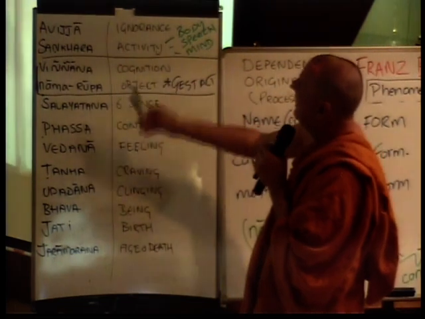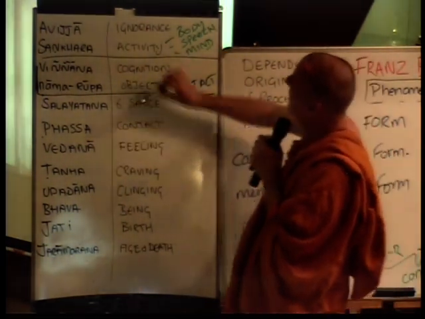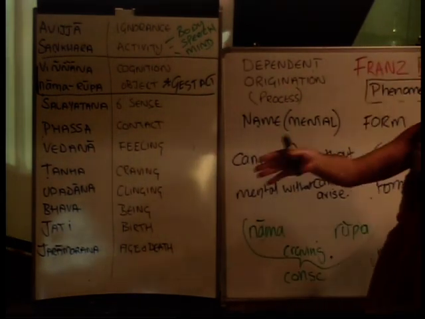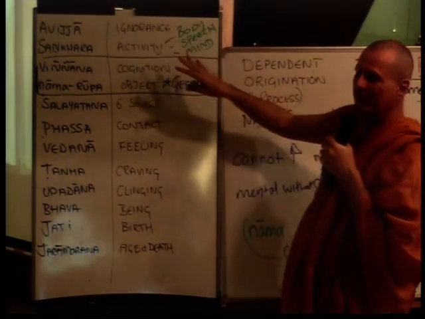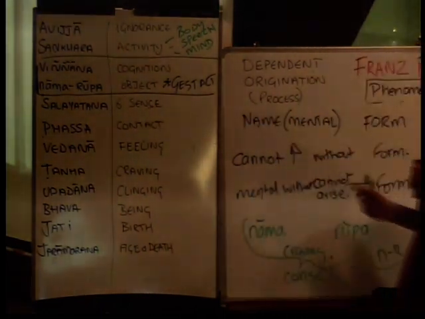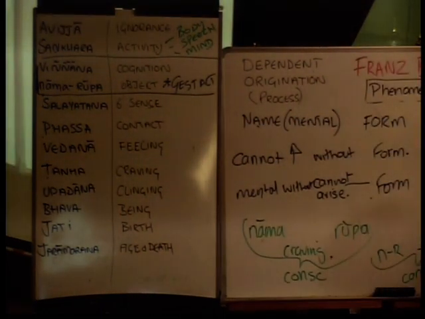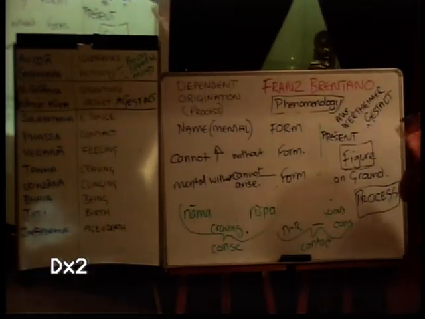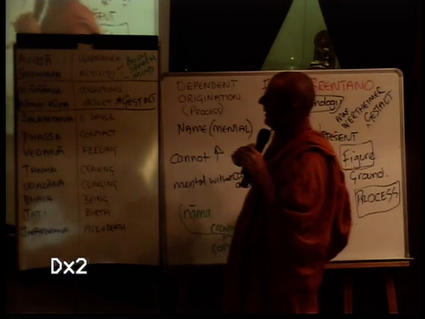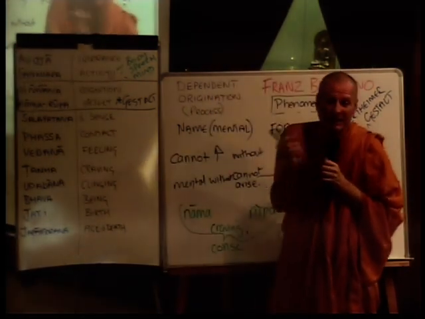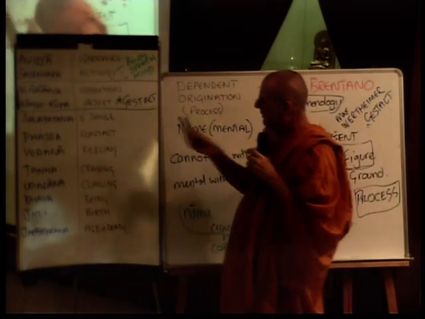So this is what happens in dependent origination. Because of ignorance, because we don't know, we send the mind outwards in activity. When the mind acts or moves, it will immediately start to pick up a figure on the ground. Having that figure as the experience, it activates the sense, the eye or the ear or whatever.